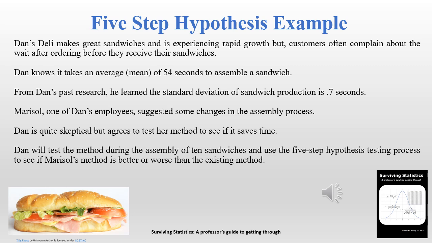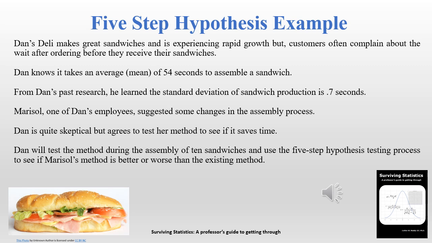Marisol, one of Dan's employees, has come up with a new way to assemble sandwiches, and she says it's faster. Dan's a little skeptical, but he's decided to test it. So he's going to go through the 5-step hypothesis testing procedure to see if Marisol's method might be better than the existing method.